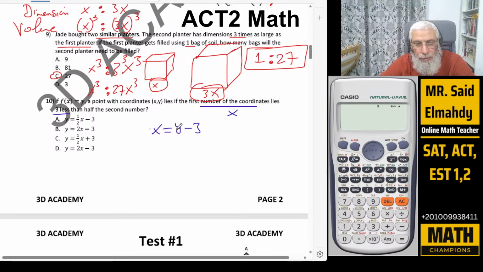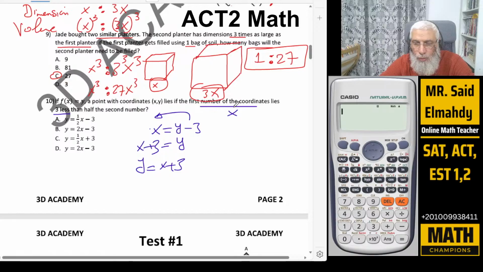So this is the equation. We can isolate y, move this to the other side: y equals x plus 3. Where is this?